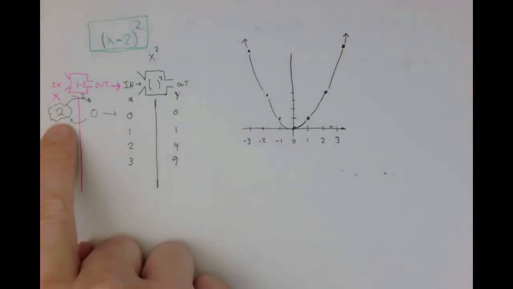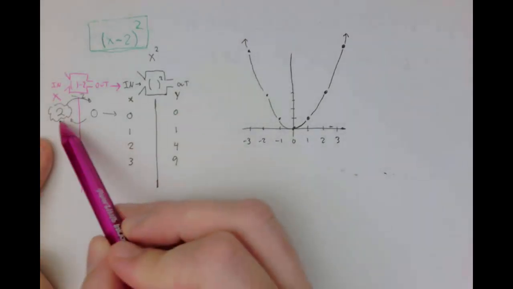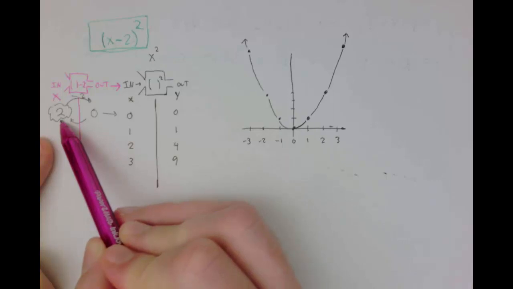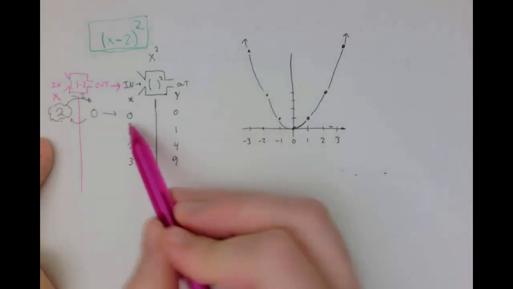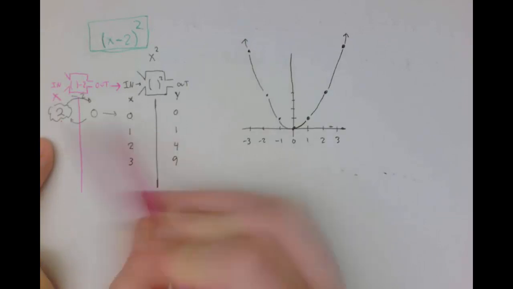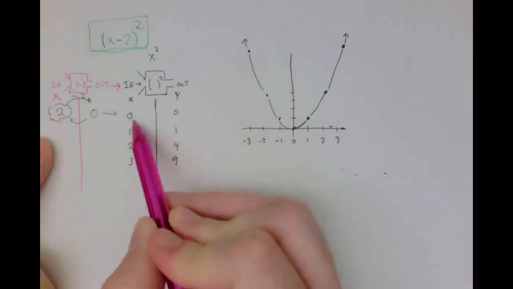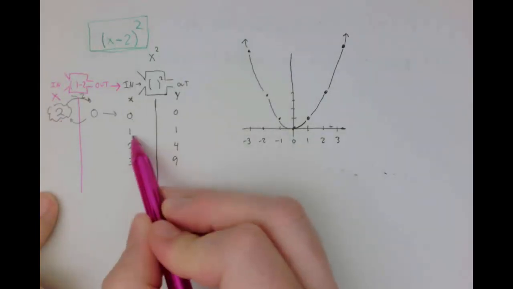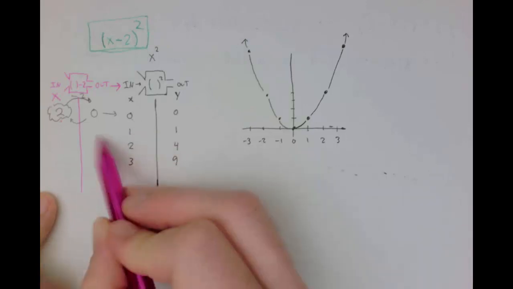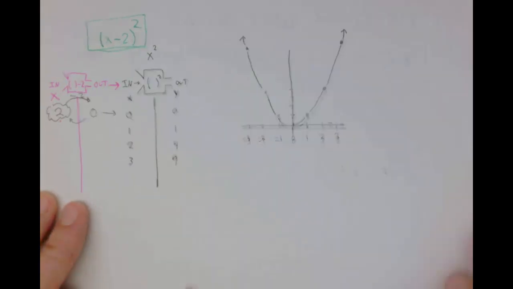So in the new coordinate system, I want to say, what x values here correspond to the old x values. If this used to be the vertex, I want to know what's the new x value that corresponds to the vertex, and I see that it's 2. And if I want to know what point is 1 to the right of the vertex, I can think about it backwards again.